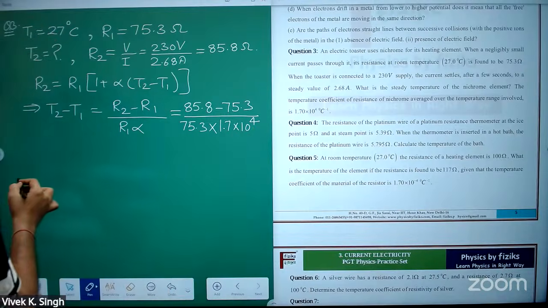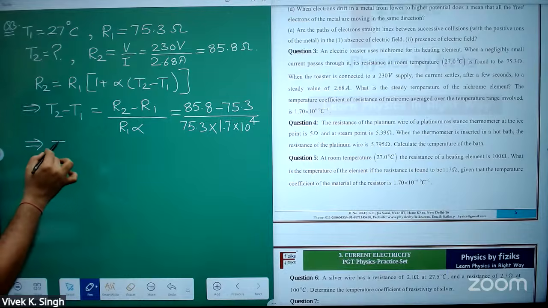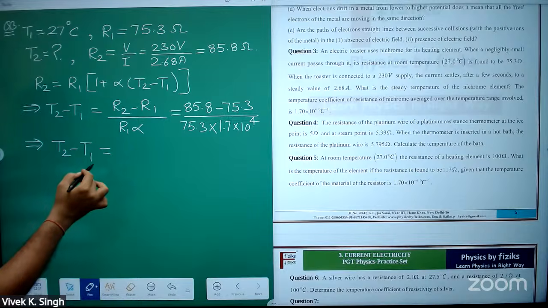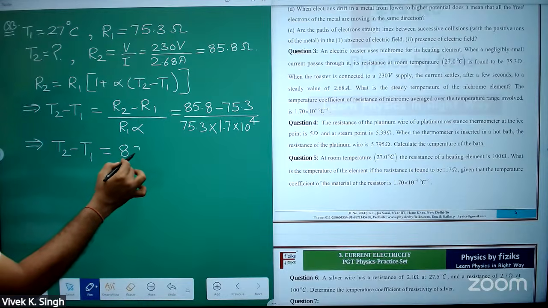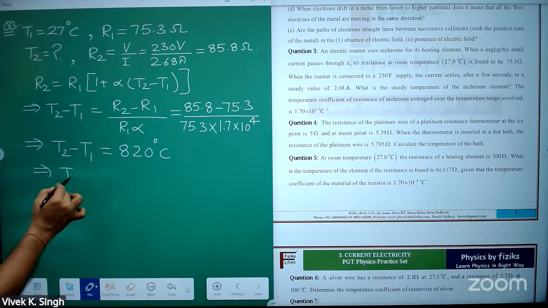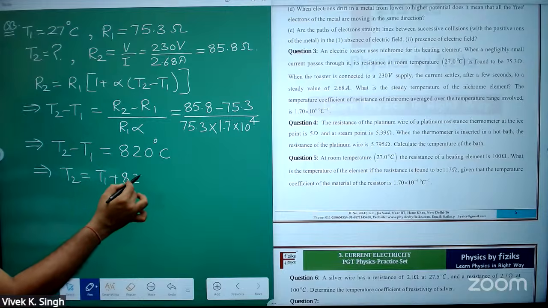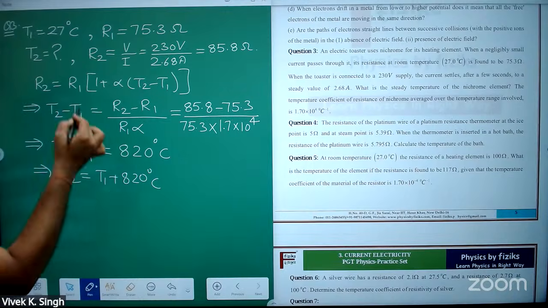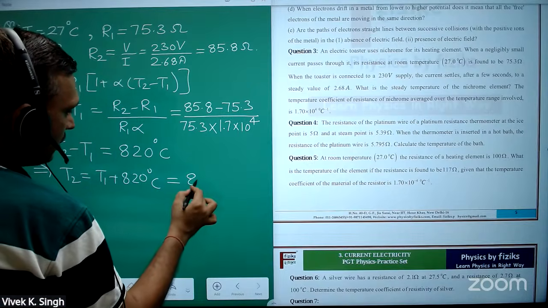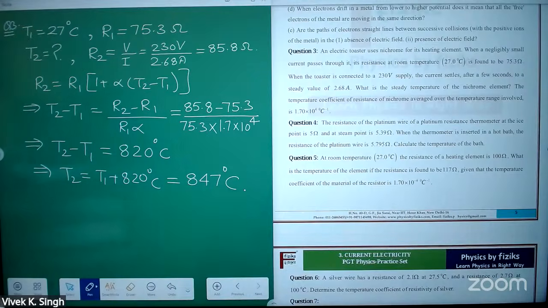If you calculate this value, T2 minus T1 will be 820 degrees centigrade. So T2 is T1 plus 820. T1 is given as 27, so if you add, this will be 847 degrees centigrade.